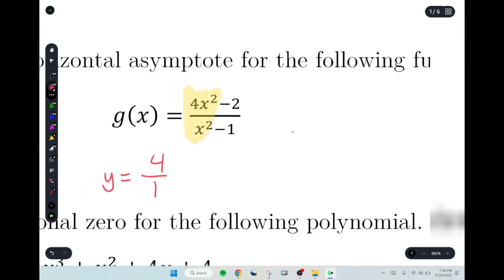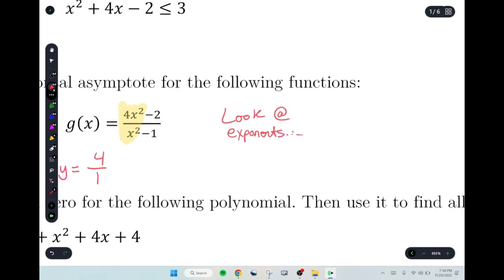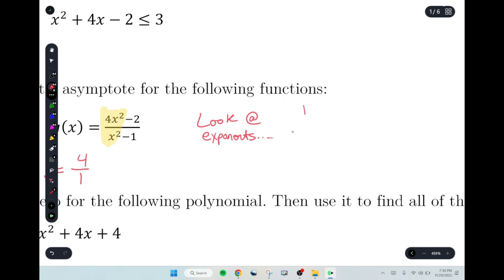But here, real quick, before I let you go, I'll take a roll. The 3 cases for horizontal asymptotes are: look at the exponents, and if the top is bigger, what happens? This is important.